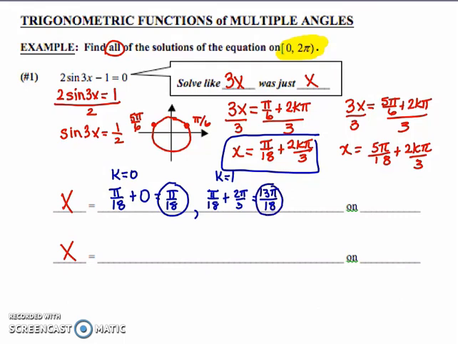That's my second solution. And then finally, if k is 3, then I end up with pi over 18 plus, and if I plug in 3 for k, the 3 on top and the 3 on the bottom cancel, so I just get 2 pi.